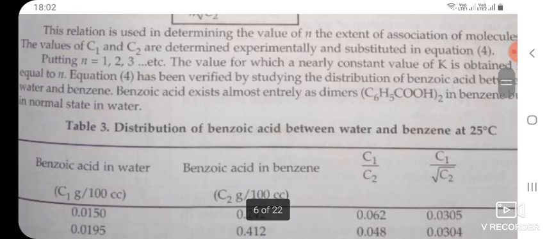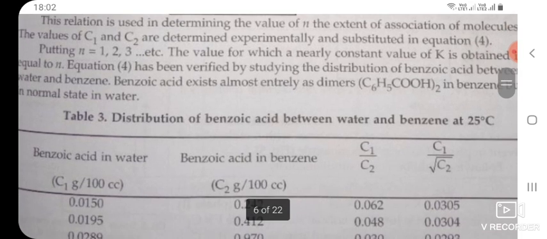Equation 4 has been verified by studying distribution of benzoic acid between water and benzene. Benzoic acid exists almost entirely as dimers (C6H5COOH)2 in benzene, but in normal state in water.